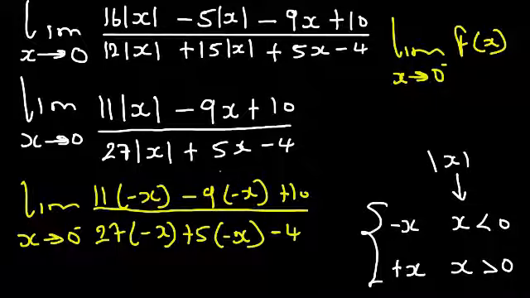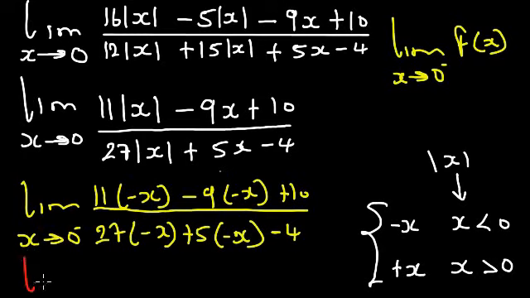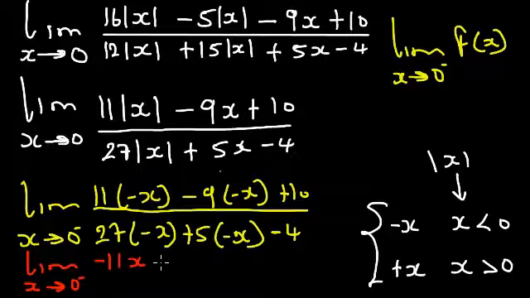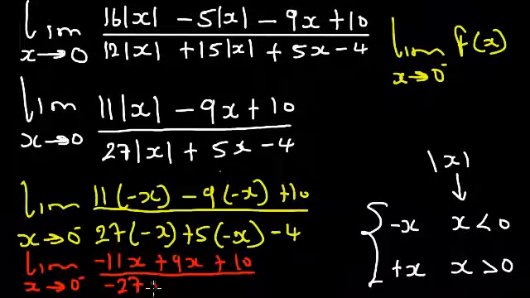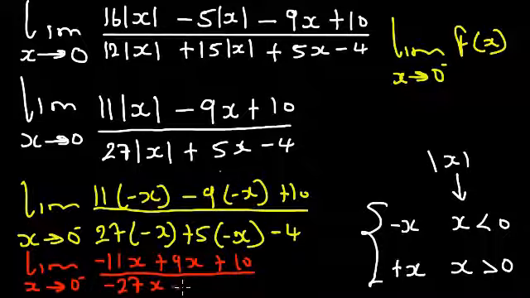If we simplify this further, we now have the limit as x approaches 0 from the left hand side of 11 times minus x, which is minus 11x, minus 9 times minus x, which is positive 9x, plus 10, divided by 27 times minus x, which is minus 27x, 5 times minus x, which is minus 5x, minus 4.